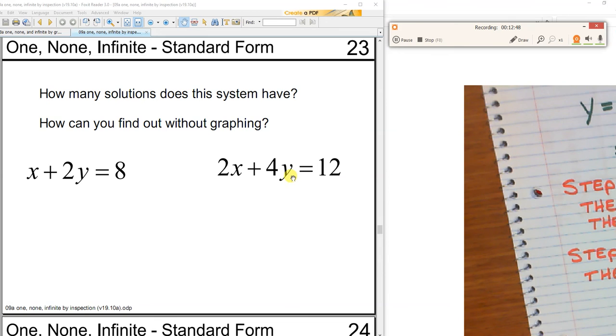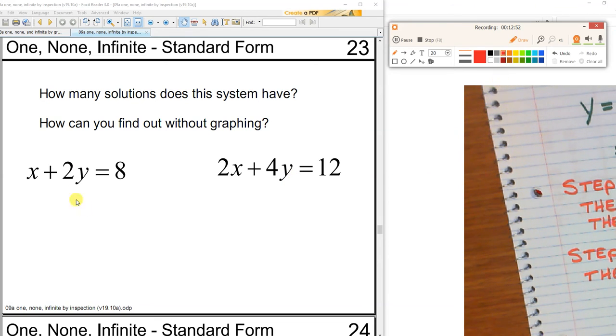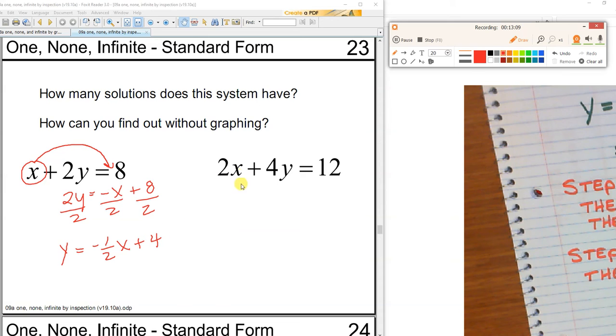All right, so before we can do this, we've got to do a move the x, divide by the y, and then we'll figure out what's going on. Move the x. Divide by the y. Then you have to simplify.